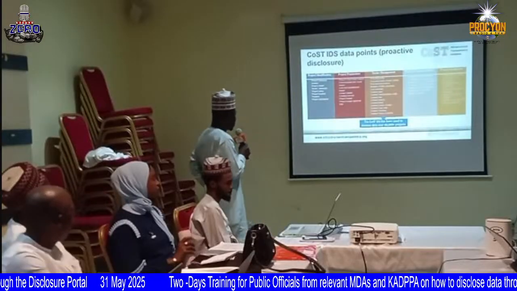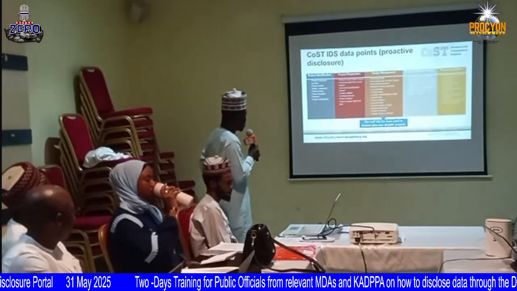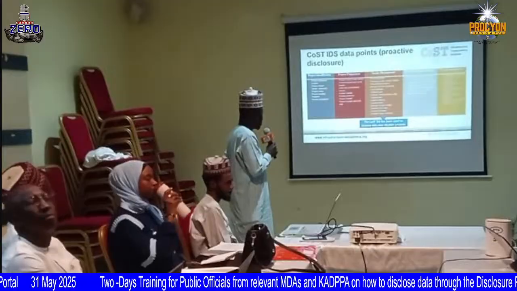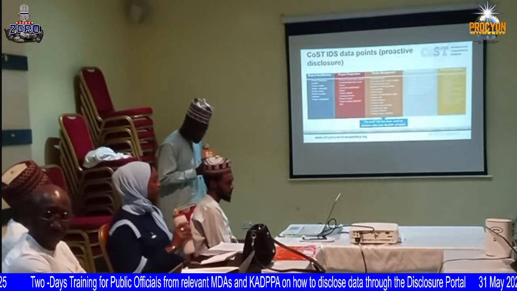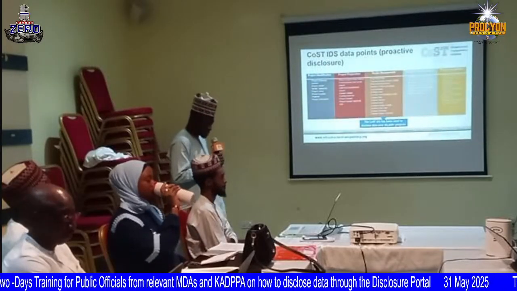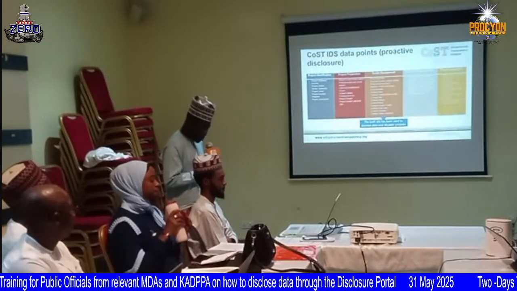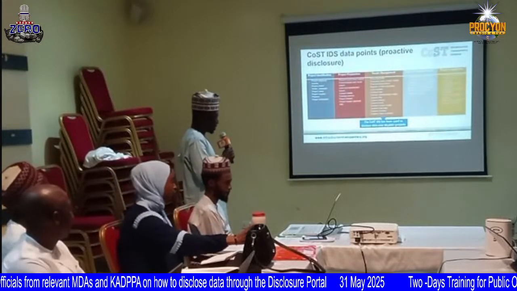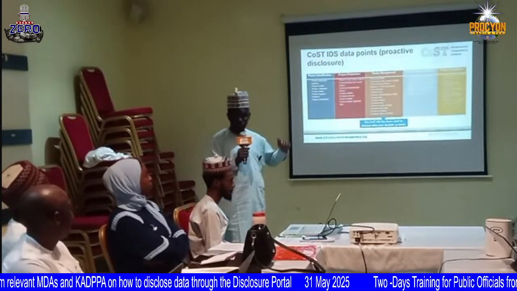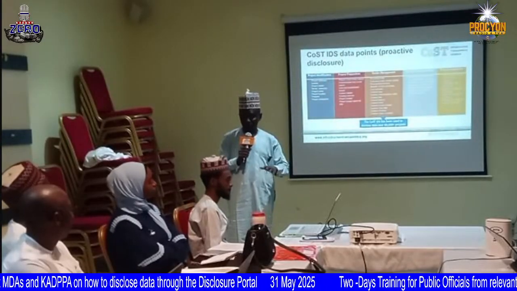Under project completion, there is information on the project status, completion cost, completion date, scope at completion, and the reason for project changes. All these are some of the information that MDAs must provide on the portal.